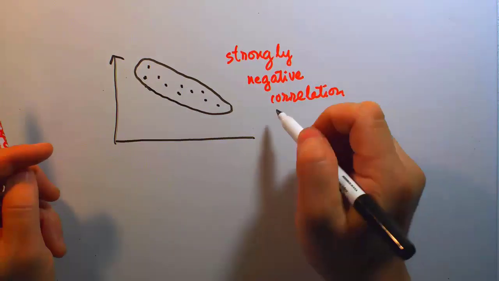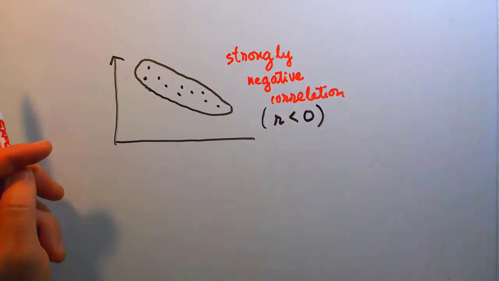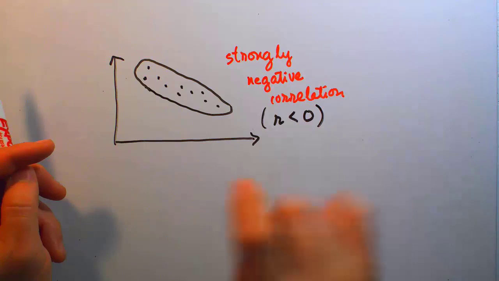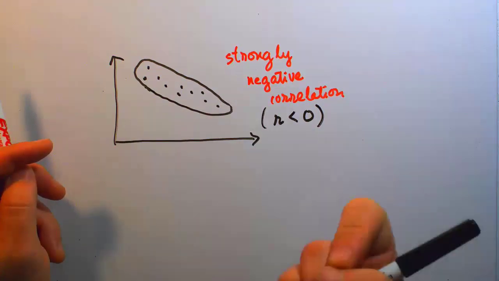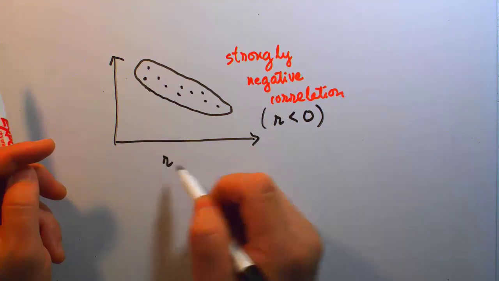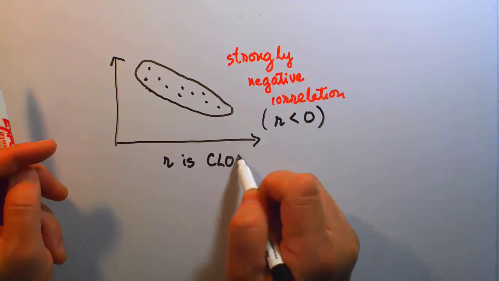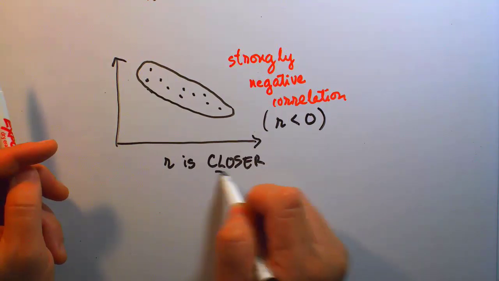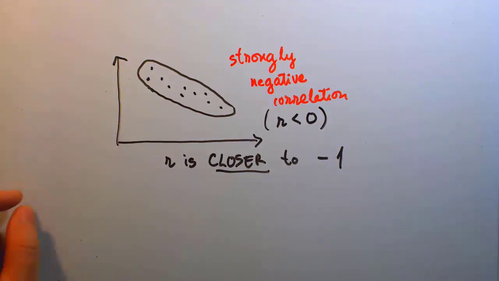And of course, here we well understand that the R should be negative value. But now, a further understanding now is that since the bandwidth here is small, and we're looking at what we so-called strongly negative correlation, then here I can see that R should be, or R needs to be closer, again, closer to -1. Right?